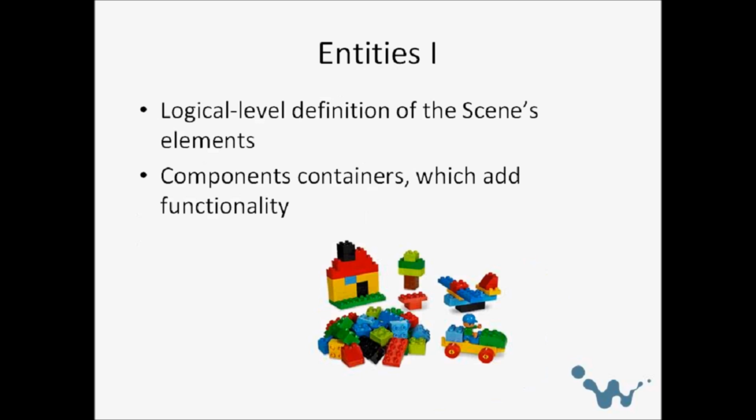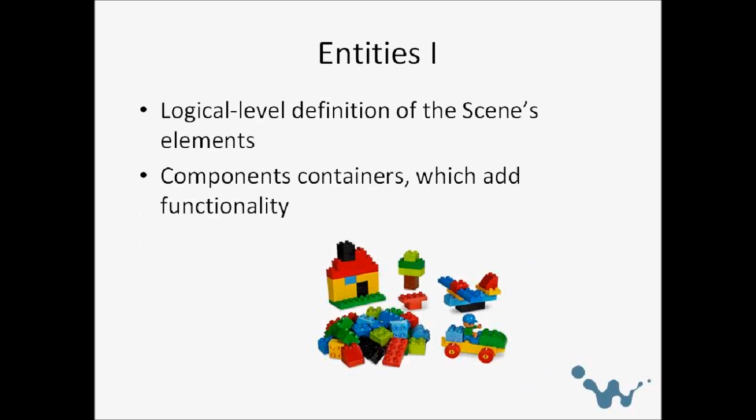So again, making a comparison with the Lego blocks, as you can appreciate, we have a house made of a green floor and a blue window. We have a tree at the right side. We also have an airplane, and a car with a guy on top of it. Each one of those pieces we could see then as entities on WaveEngine.